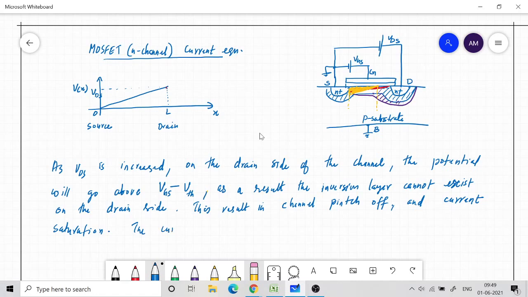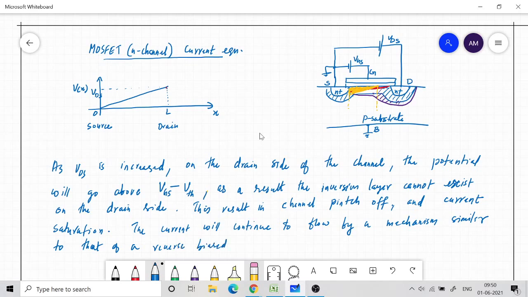The current will continue to flow by a mechanism similar to that of a reverse biased collector base junction in a BJT.